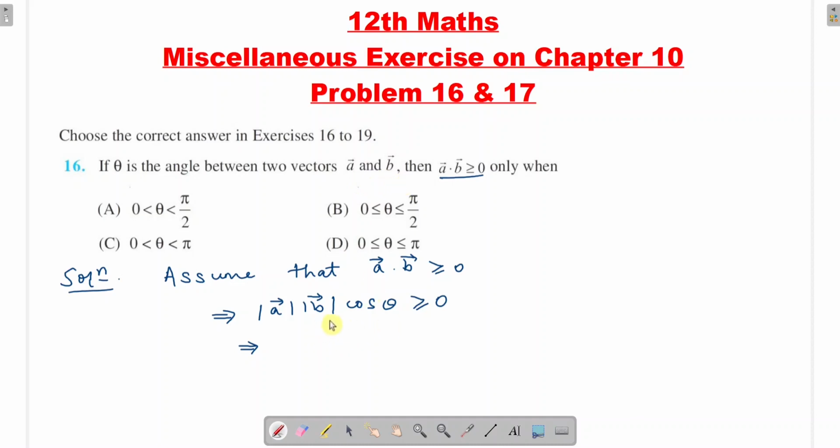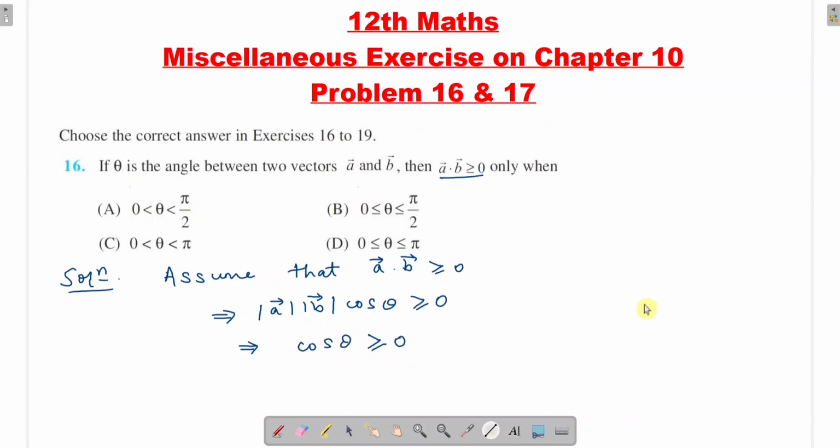But now we have to take that a bar and b bar are non-zero vectors, so we can divide by magnitude of a bar times magnitude of b bar on both sides. So cos theta is greater than or equal to 0 we will get. Now we have to find the value of theta when cos theta is greater than or equal to 0.